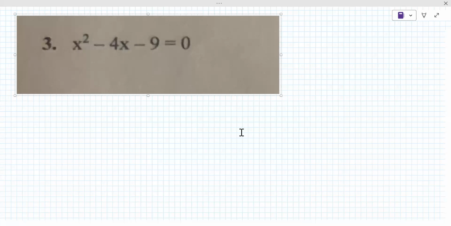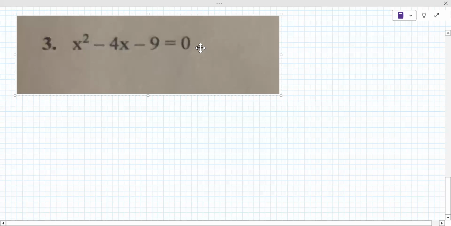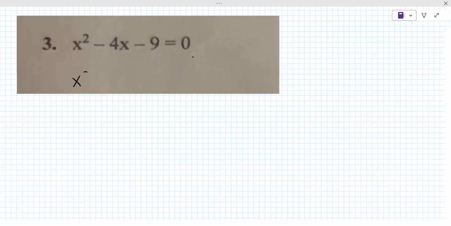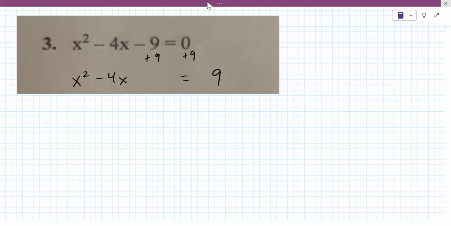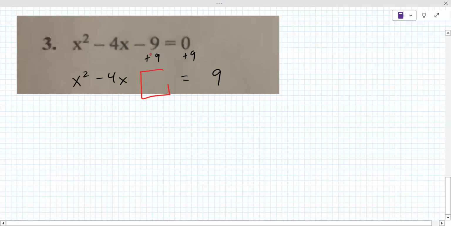When we did number 4, the one we just did, there was a number already on that right side. You have to do the same here. You have to move this 9 over. And just as important as that is you have to leave a space. So it's +9, +9, but you're leaving a space.